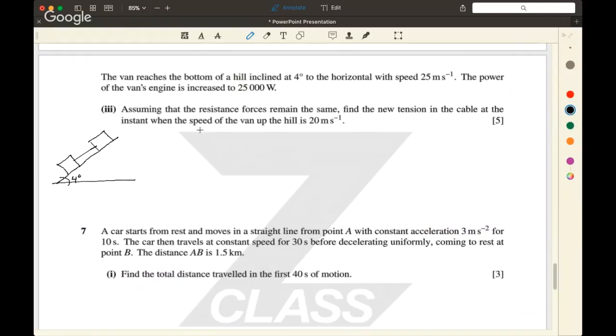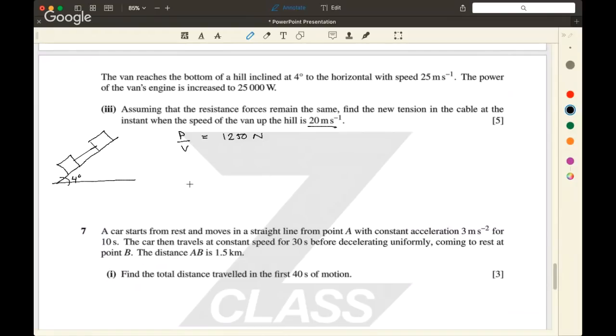Again, remember the driving force is the power divided by the velocity. So at the instant the speed of the van is 20 meters per second, the power is always the same. This is going to be equal to 1250 newtons. So we've got 1250 newtons being poured in.